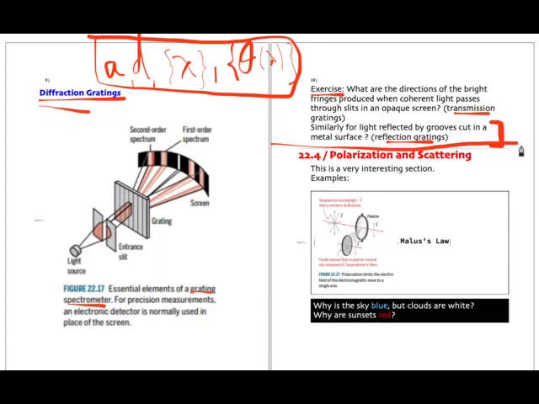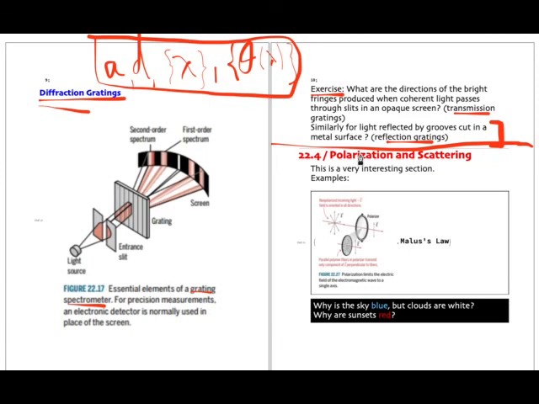Now there's one more section in chapter 22, which is actually a little bit different. It's section 4. It's called polarization and scattering. It is wave optics, but it's not so much concerned with interference. There's a section on polarization, the fact that the electric field can be oscillating.